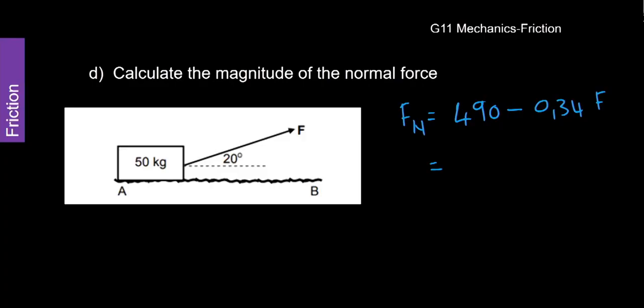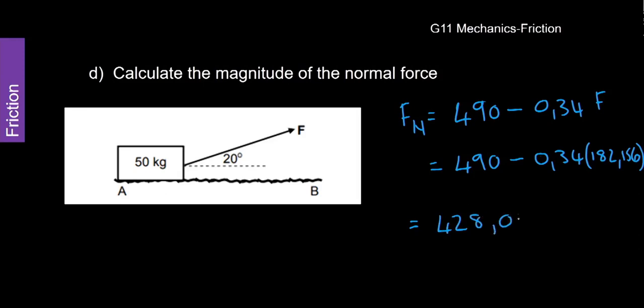Okay, so we're just going to substitute in now 0.34, and we substitute in that value, which is 182,156. Sorry, I'm squashed up here a little bit. Let me move over. And so that is going to give us an answer, once we've used our calculator, of 428,067 Newton. Fantastic. We know which way the normal is, so we could leave the direction, okay?